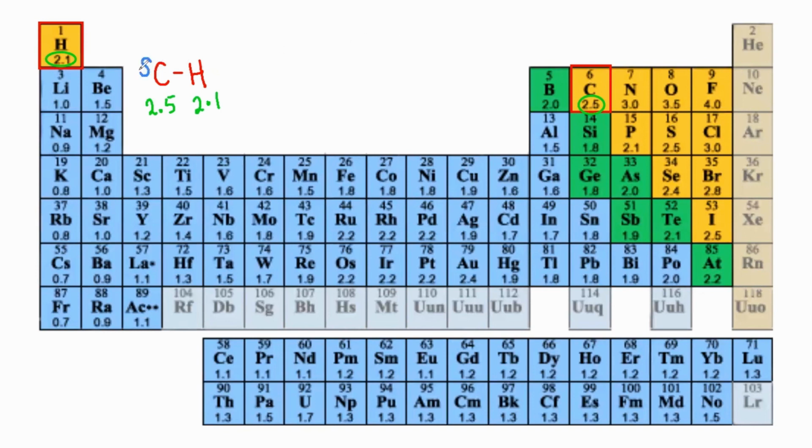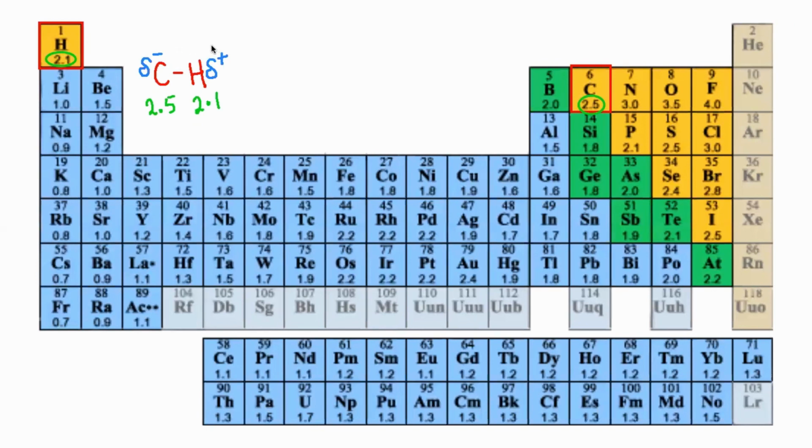And because of that, it is going to have a partially negative sign. For that same reason, hydrogen is going to have a partially positive sign because it's least electronegative and it's more deficient in electrons.